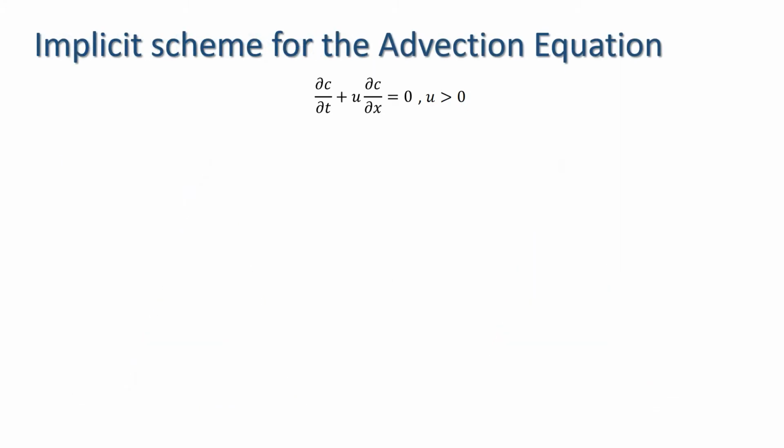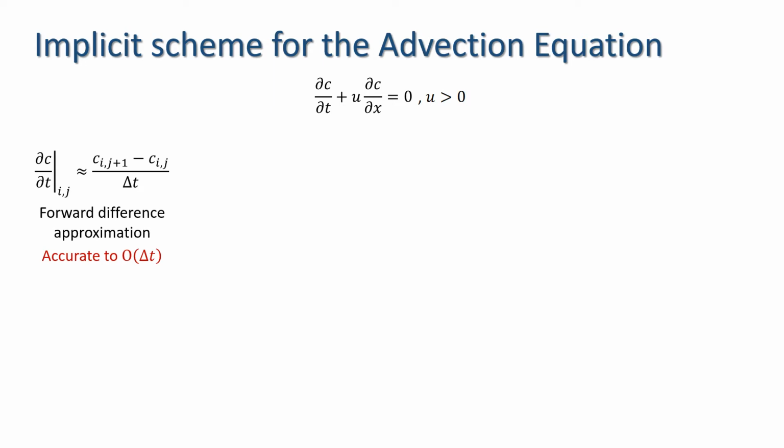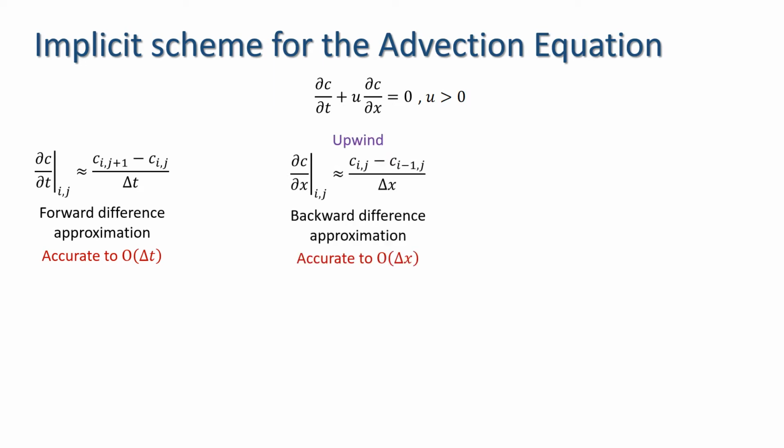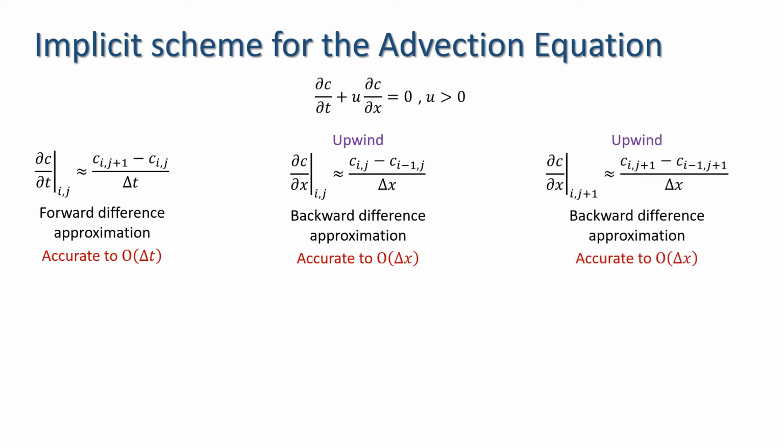The Upwind explicit scheme used a forward difference approximation to the time derivative and a backward difference approximation to the spatial derivative evaluated at time step j. For the implicit scheme, we will use both of these, but also use a backward difference approximation to the spatial derivative evaluated at time step j plus 1.